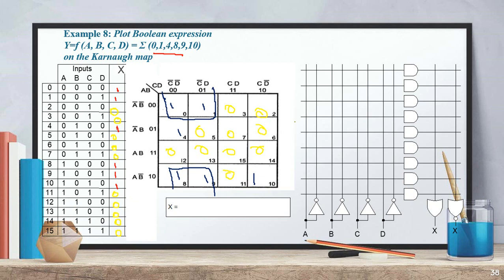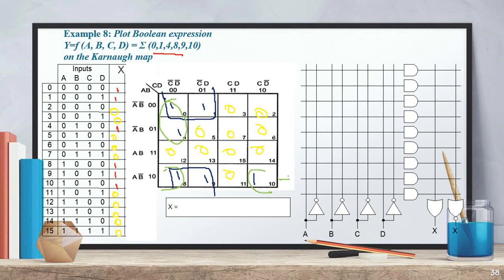Here we have this one in the 4, so we can make only this 2 possible here. And then we have one more portion, the 10. So this is not a single one, we can make it with the 8 also. If you go with this, we can make the grouping like that. If you do it something like this, there are 3 groups. Now take the equation one by one.